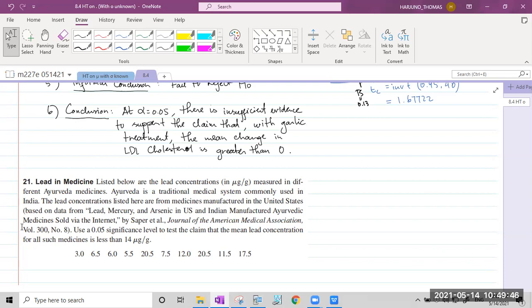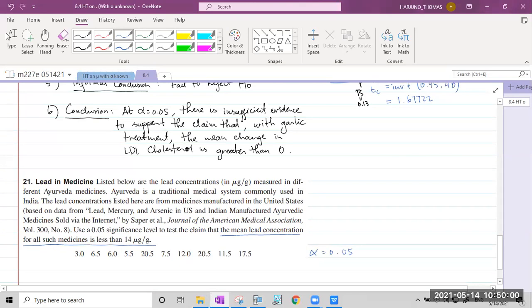Use a 5% significance level, so alpha is 0.05, to test the claim that the mean lead concentration in all such medicines is less than 14 micrograms. Okay, that's the claim, right?